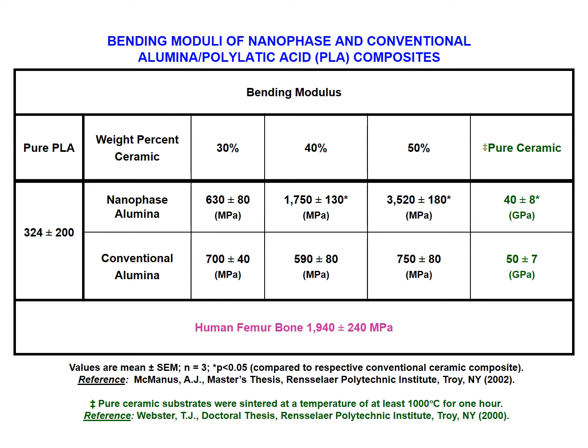In the case of the conventional alumina, the modulus increased from 700 to 750 as the respective alumina composition was increased from 30% to 40% to 50%.